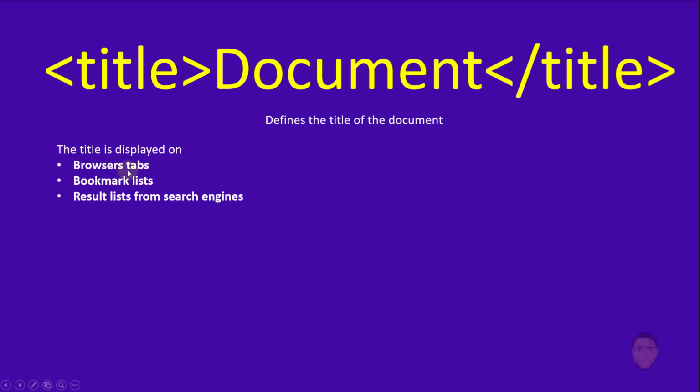Whenever you're browsing a website, on a mobile device or PC, when you have a look at the tab, there's actually a name written there. That name is whatever you type in between your title tags. You can also have that in bookmark lists, and some search engines use the title tag to display the name of the website when they are displaying their results.